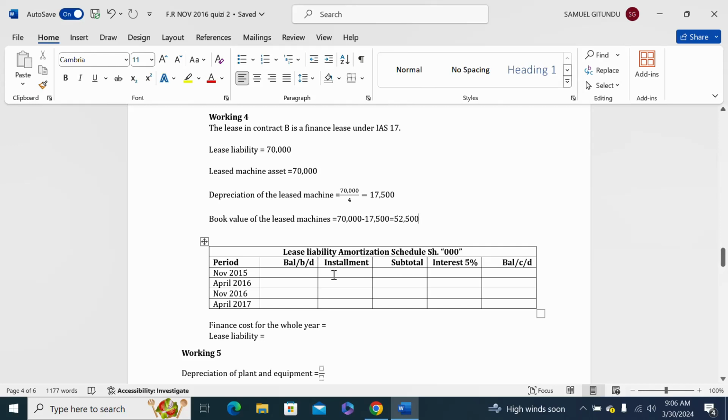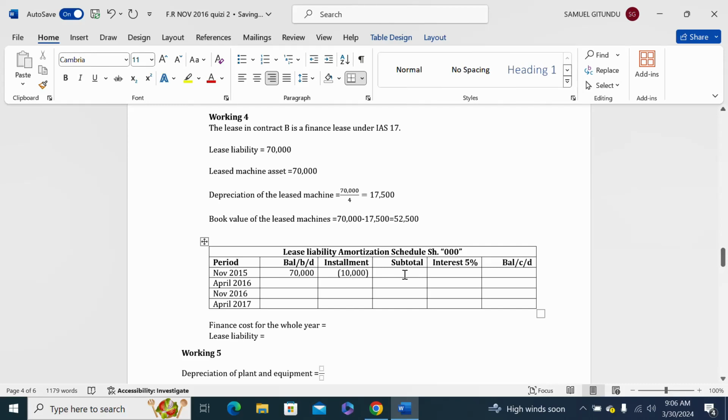Our lease amortization schedule. We start with the balance brought down. That is the lease liability, 70 million. Then we deduct the installment paid, because the installments are being paid in advance. This is where I was telling you there is a difference between when the rentals are being paid in advance and when they are being paid in arrears.